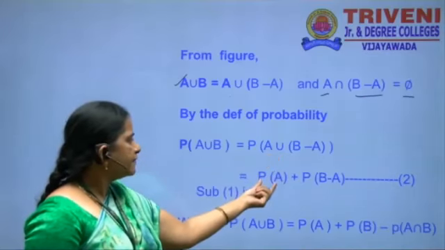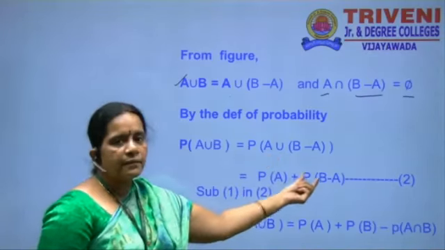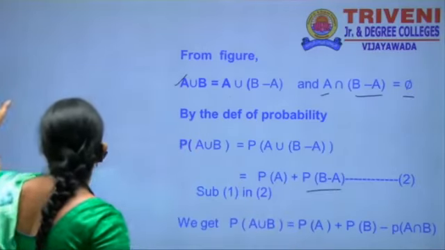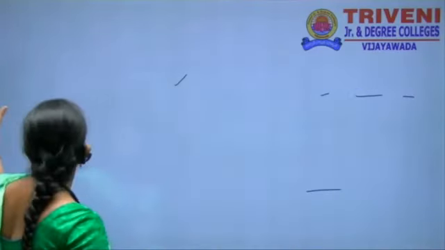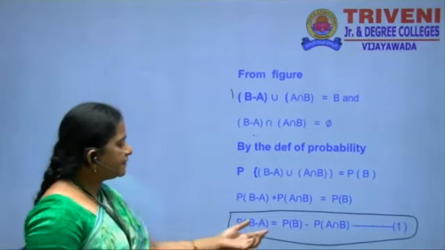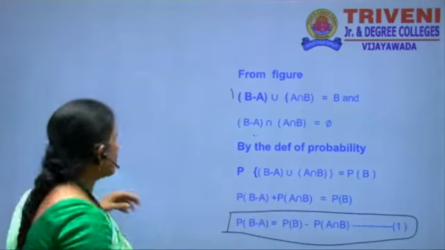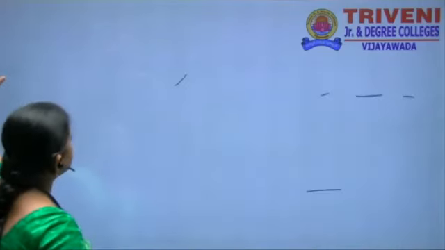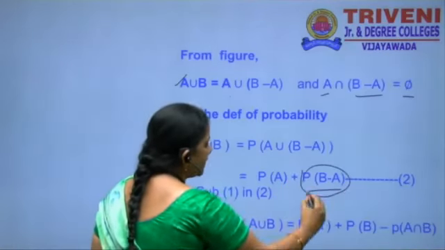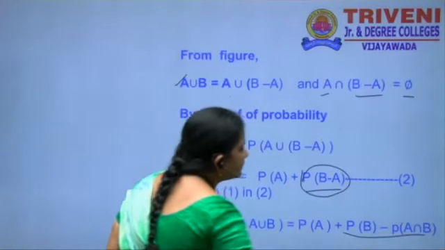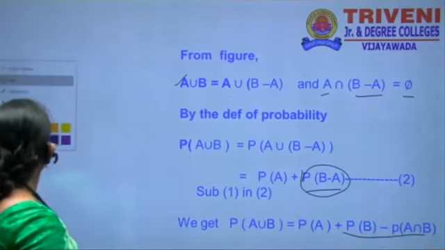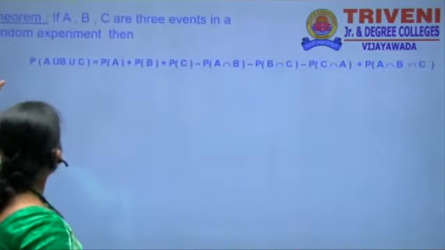It can be written as P of A plus P of B minus A. Here P of B minus A is P of B minus P of A intersection B. Substitute here, in place of P of B minus A put P of B minus P of A intersection B. Okay. And then we are going to the problems.